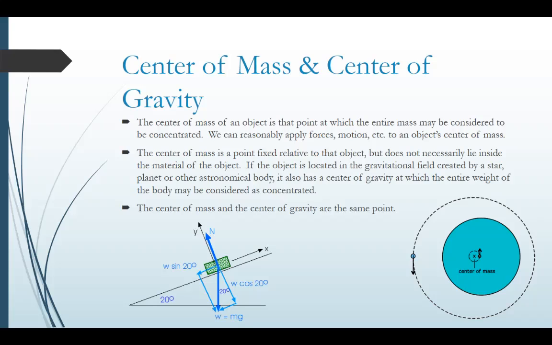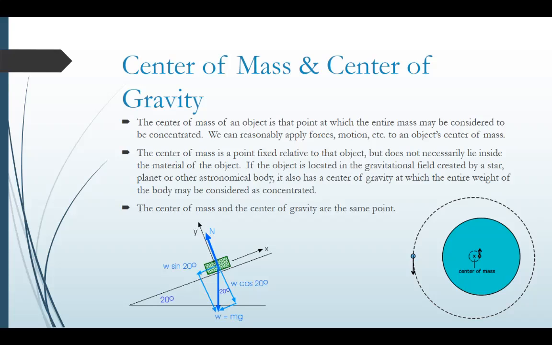So it's a fixed point relative to that object, but it does not necessarily lie inside the material of the object itself. If we think about a hula hoop, for example, it has all its mass in the outside part of the ring, but the center of that mass is actually going to be in the very center of that ring. There's no actual material there, but that's the center of the mass from which all of the movement of that object is going to be regulated.